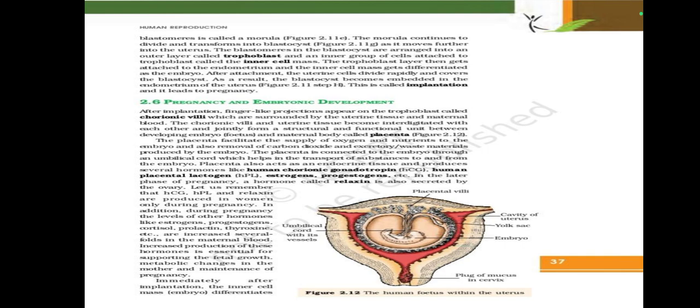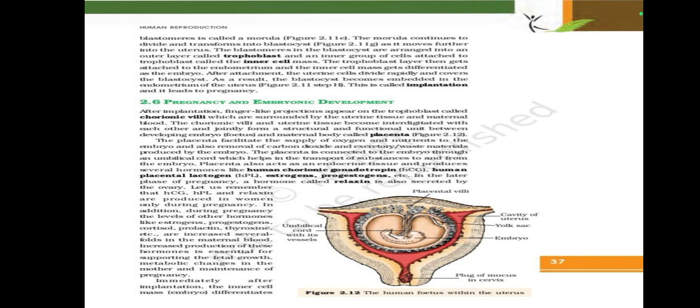As it moves further into the uterus, the blastomeres in the blastocyst are arranged into an outer layer called the trophoblast, and an inner group of cells attached to the trophoblast called the inner cell mass. The trophoblast layer then gets attached to the endometrium, and the inner cell mass gets differentiated as the embryo.